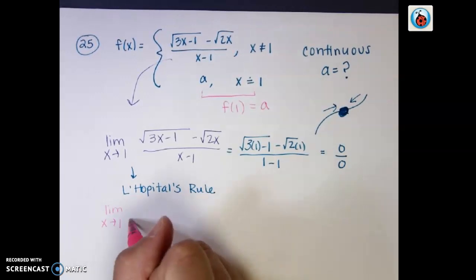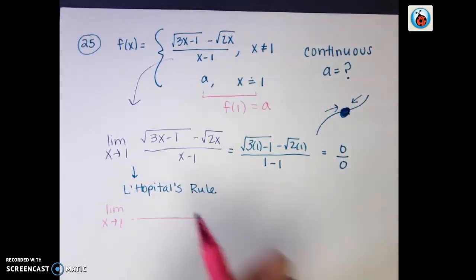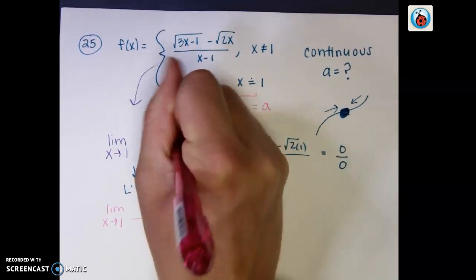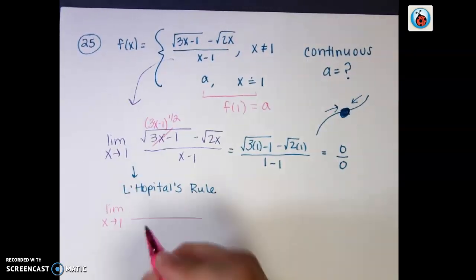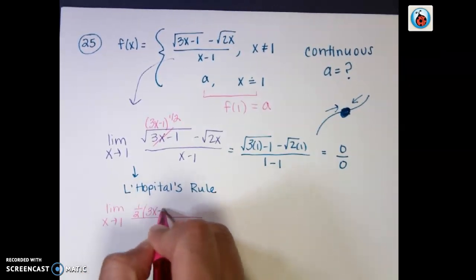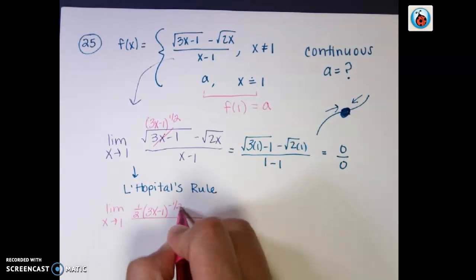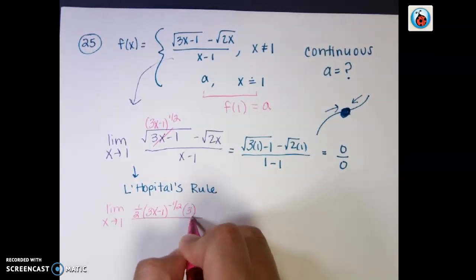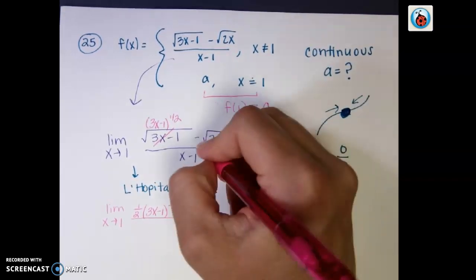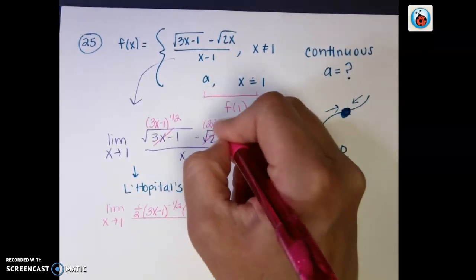Okay, so to find the derivative of the numerator here, I'm going to rewrite this as 3x minus 1 to the 1/2 power, and then we can use the chain rule. So it's going to be 1/2 times 3x minus 1 to the negative 1/2 times the derivative of the inside, which is 3. Then minus, I'm going to rewrite the square root of 2x as 2x to the 1/2.